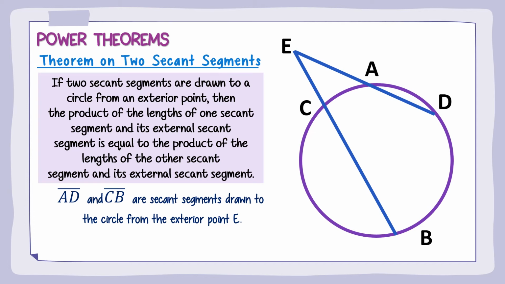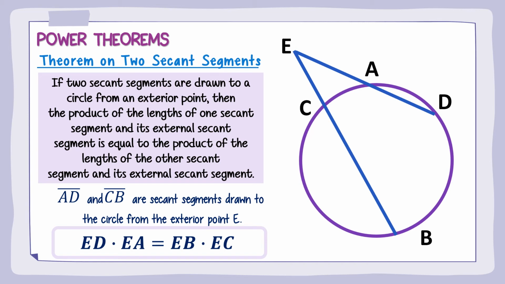ADCB, ayan yung mga secant natin. Therefore, according to the theorem, ED, ito yung ED, ayan, isang buo times EA nasa labas is equal to isang buo times nasa labas. Ano, yun yung tatandaan nyo. Isang buo times nasa labas is equal to isang buo times nasa labas.